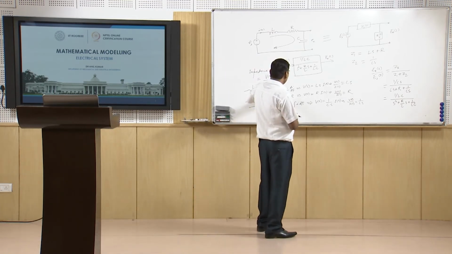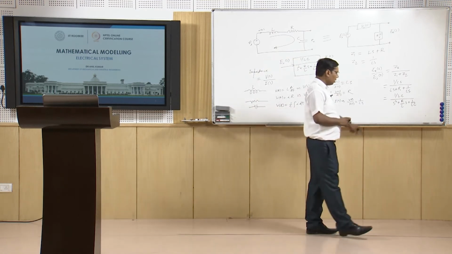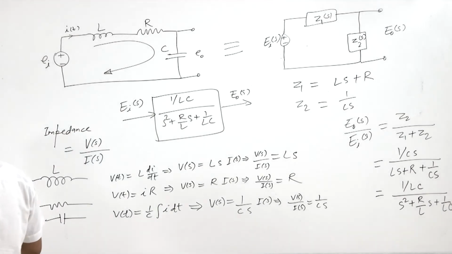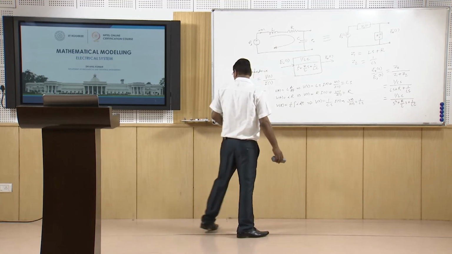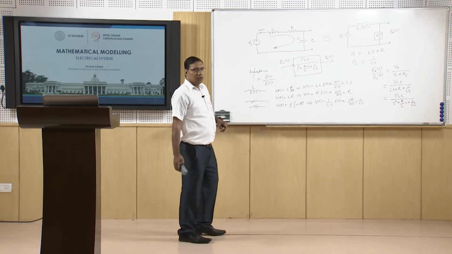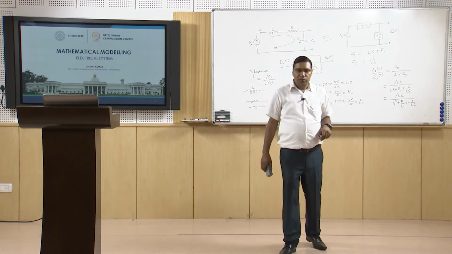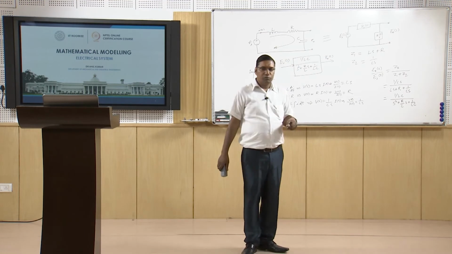We do not need to go to the differential equations, we can directly find the transfer function. So we can take one more example, and that may contain nodes where the currents will divide, and so it may form more than one loop.